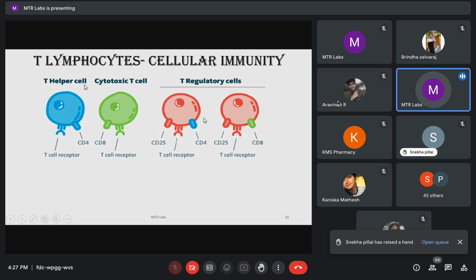T lymphocytes have many subsets, but the major predominant subsets are T helper cells, cytotoxic T cells, and T regulatory cells. T helper cells, as the name suggests, help in identification of the foreign particles. They always have CD4 as a receptor or protein present.